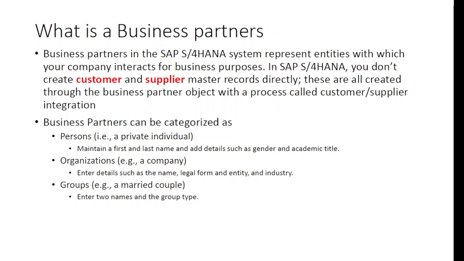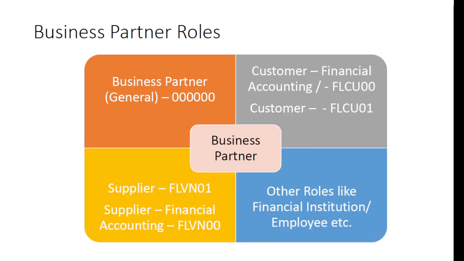There is another one which is rarely used, which is groups, where two or more related persons can be grouped together. So, although a business partner is a common entity, it can be created in different roles like supplier, a customer, or a financial institution, employee, etc.